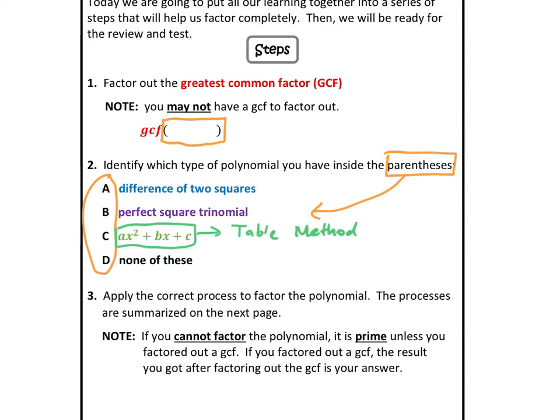If you get no GCF and you didn't apply any of the rules, then we have a prime situation. So if you got a GCF of 1, and none of the methods applied, then your answer is prime, because nothing could be done.